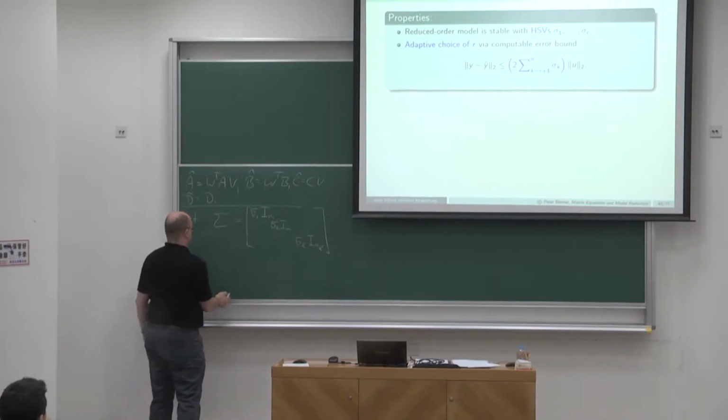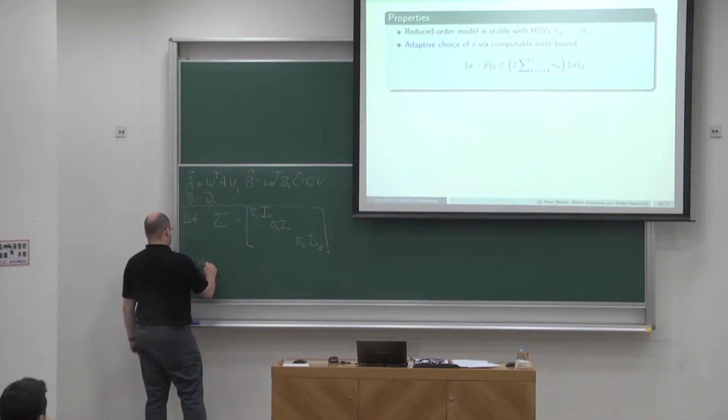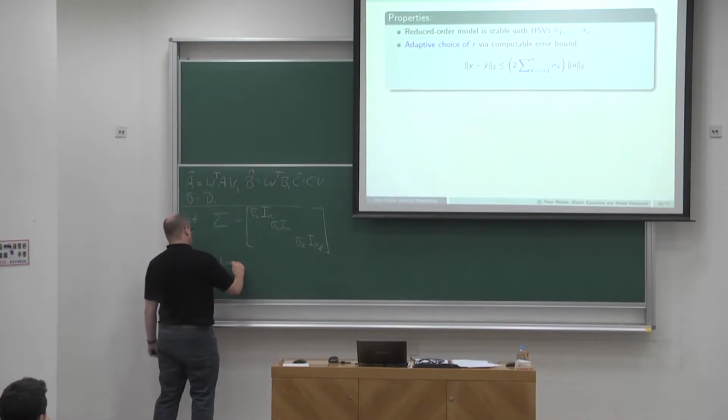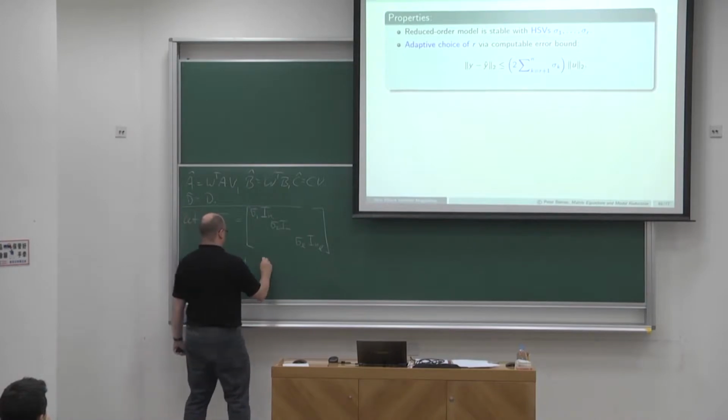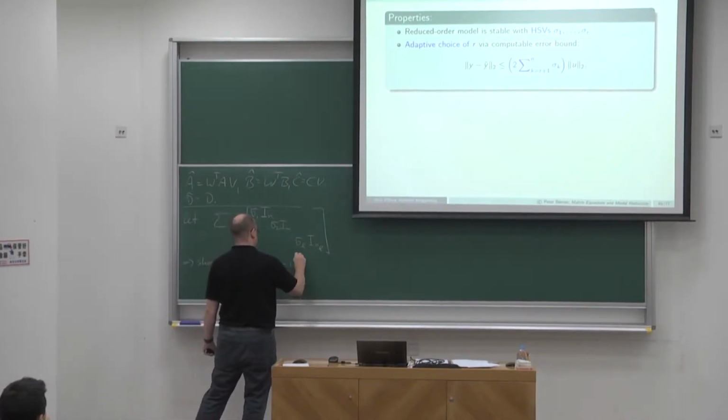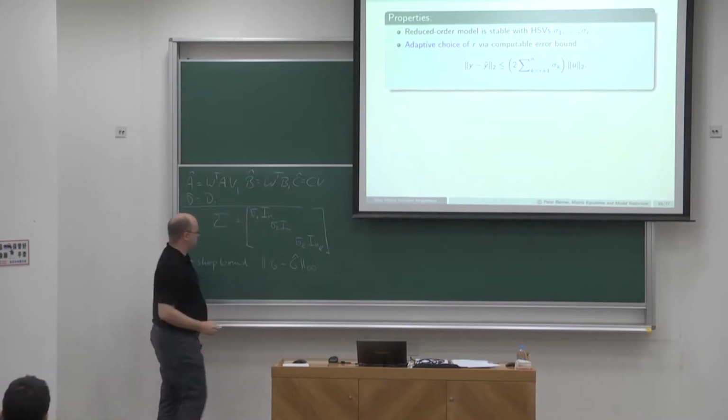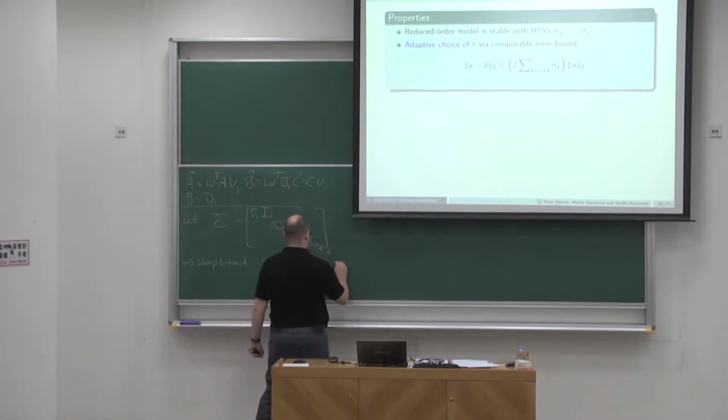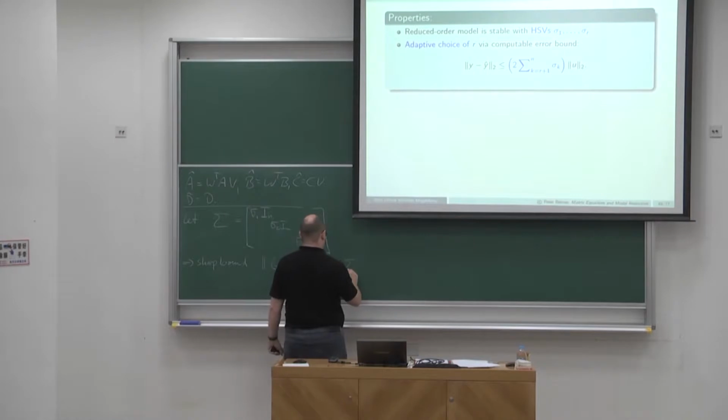Then the bound in the H infinity norm is twice the sum, k equal, let's call it r tilde plus 1 to L, sigma k.